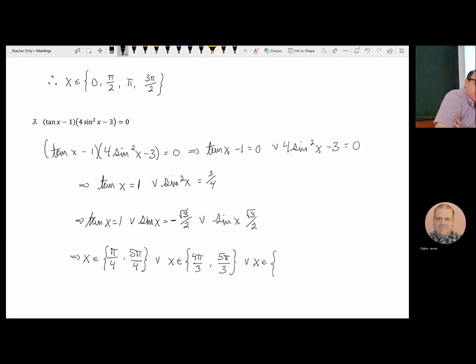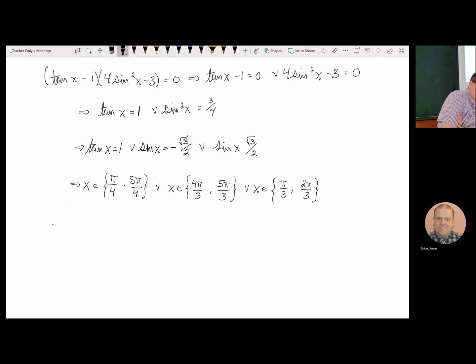Where is sine positive √3/2? Once again, your solution set is the union of those.